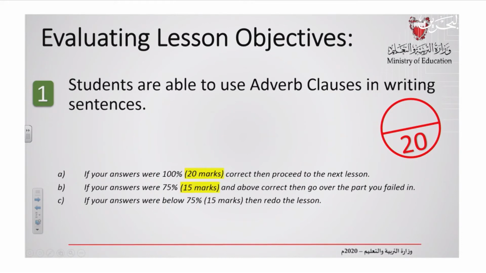If you have 75% or more, that means 15 marks or more, you can go over the part you failed in and redo it. If you have 70% correct answers or below, that means 15 marks or lower, then redo the whole lesson.